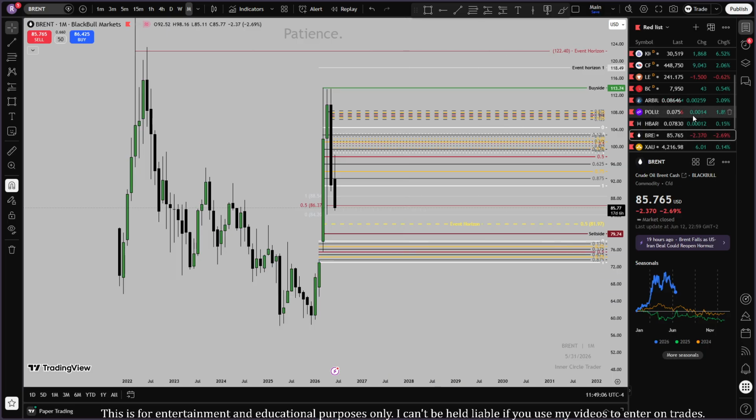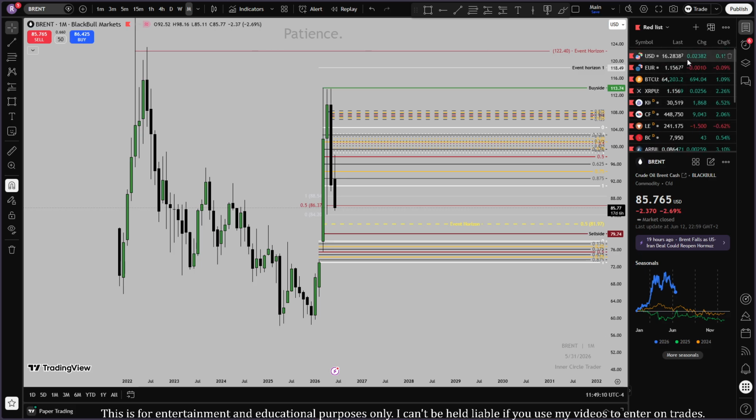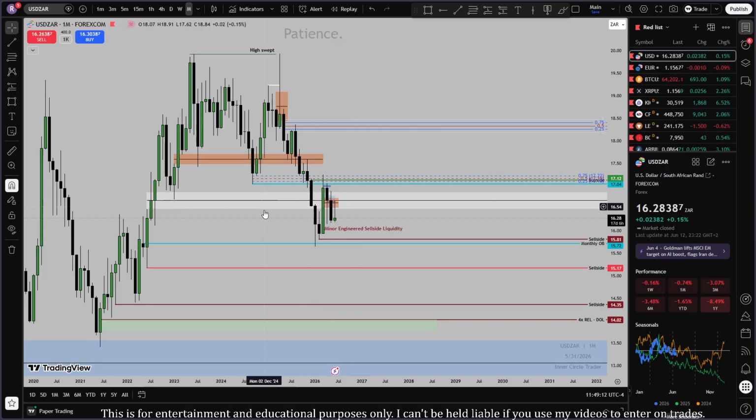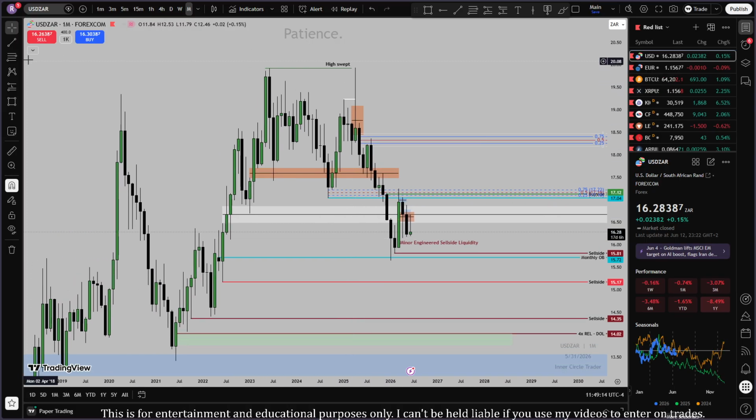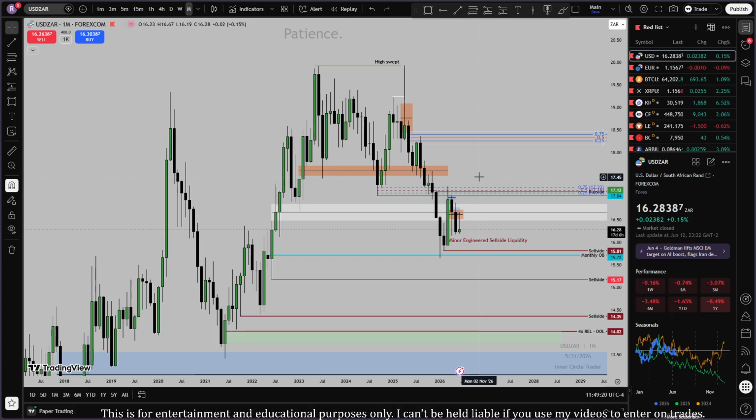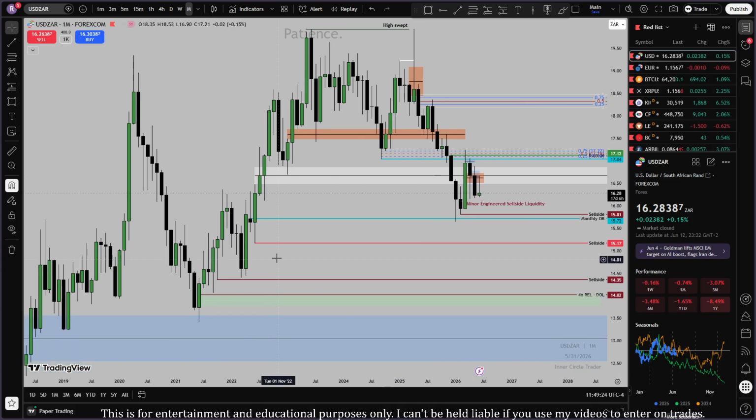Let's go a bit on to, let's not do crypto in this video. Let's do USD ZAR. So it's a dollar to rand. On the monthly, we have this lows, all these added up lows, right?